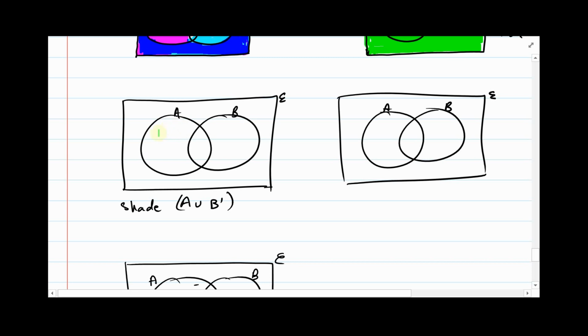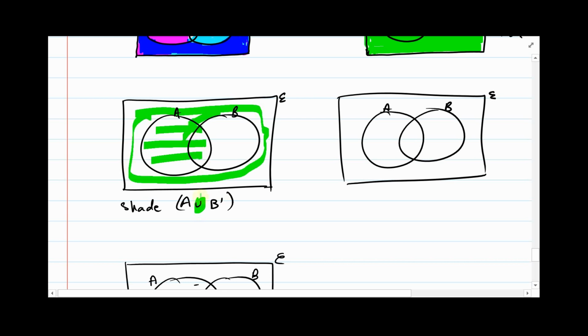Now, in our answer, set A would have been all of this region. I'm looking at the union. The union is a joining of two sets. So I have A, and I'm going to join it with the complement of B. But the complement of B is everything outside of B, right?